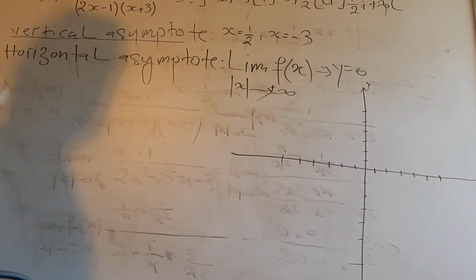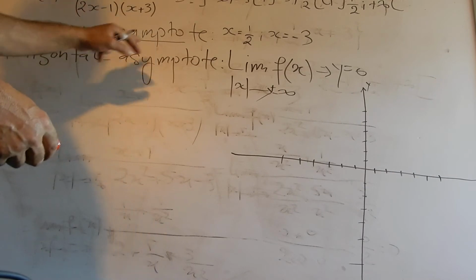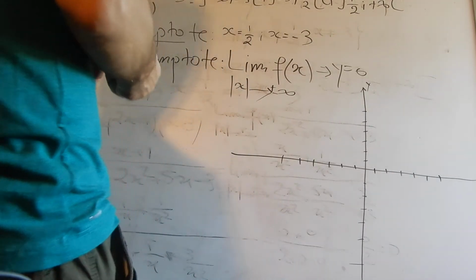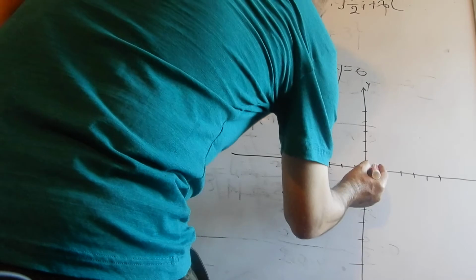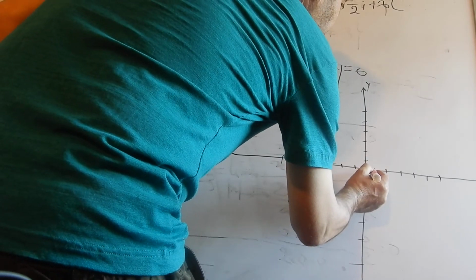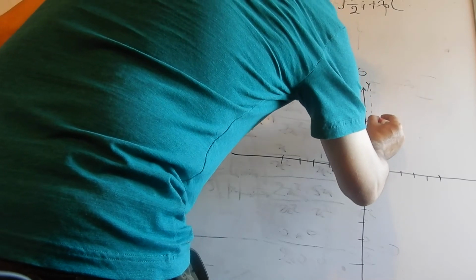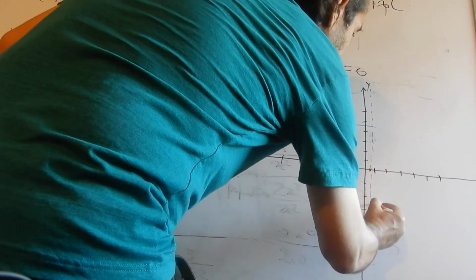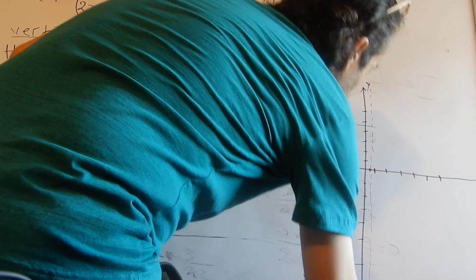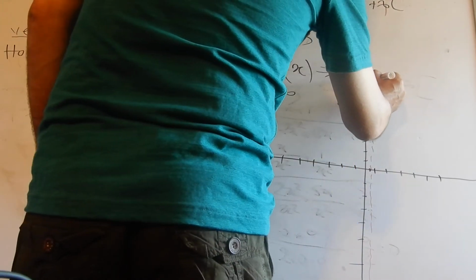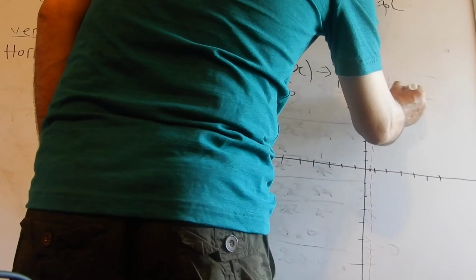So I'm going to drop some points. I have the vertical asymptote x equals 1 over 2. That means 1 over 2 is going to be right here, half. So this is the vertical asymptote, x equals 1 over 2.